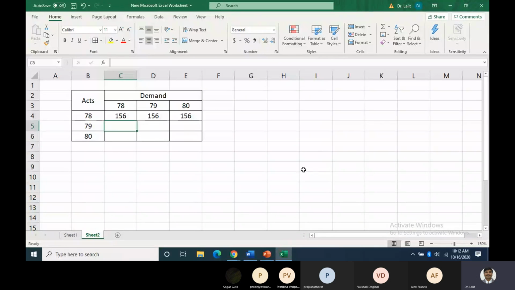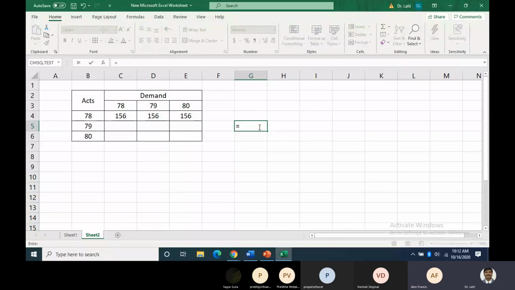If he manufactures 79 bottles and demand is only 78, what would be payoff? Will it be 79 into 2? 78 into 2 होगा, because नहीं. See, in this case, he will be able to sell 78. -3 करना पड़ेगा. 78 multiplied by 5 is revenue minus he is manufacturing 79 bottles.